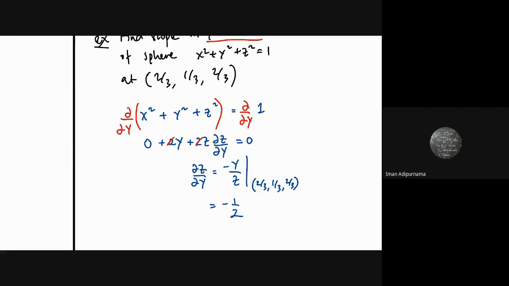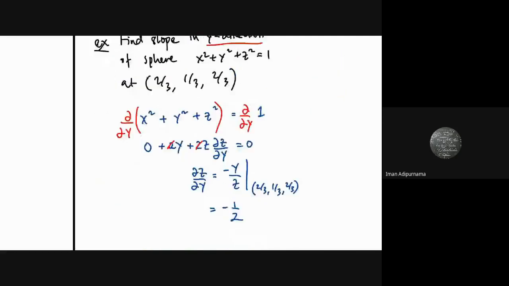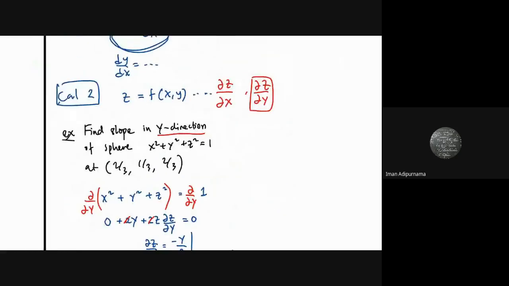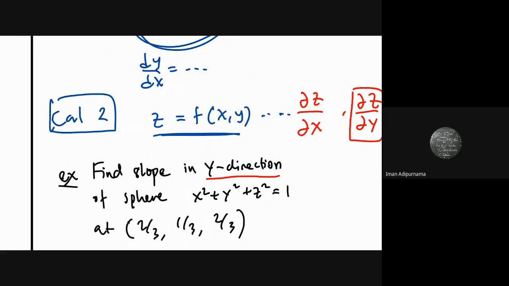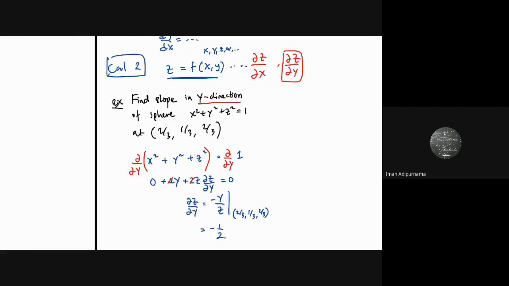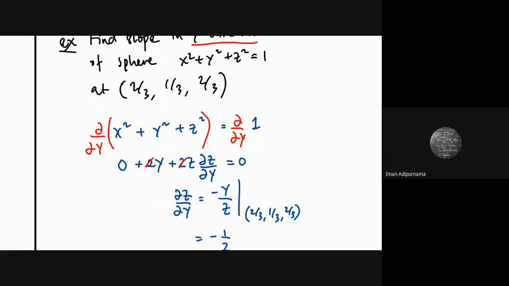It's a similar way to calculus 1, but the difference is you need to define what functions you are dealing with. Okay? Here, in calculus 2, we can have many variables, right? We can have x, y, z, w, and so on. Can add more and more. But how to deal with the slope?